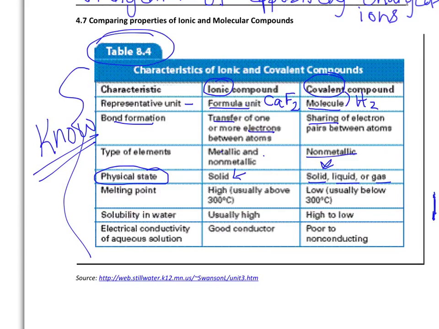And then melting point, we have talked about. Ionic is high, whereas covalent is low, such as sugar. You may want to make a quick note just to jog your memory, and if you'll remember, the salt did not melt. Solubility in water. Ionic compounds are going to be very soluble in water, whereas covalent is going to be all over the place. It's really going to depend on the molecule.